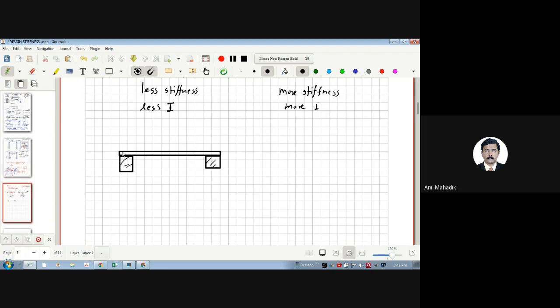Okay, steel plate, and we are putting this plate like this.